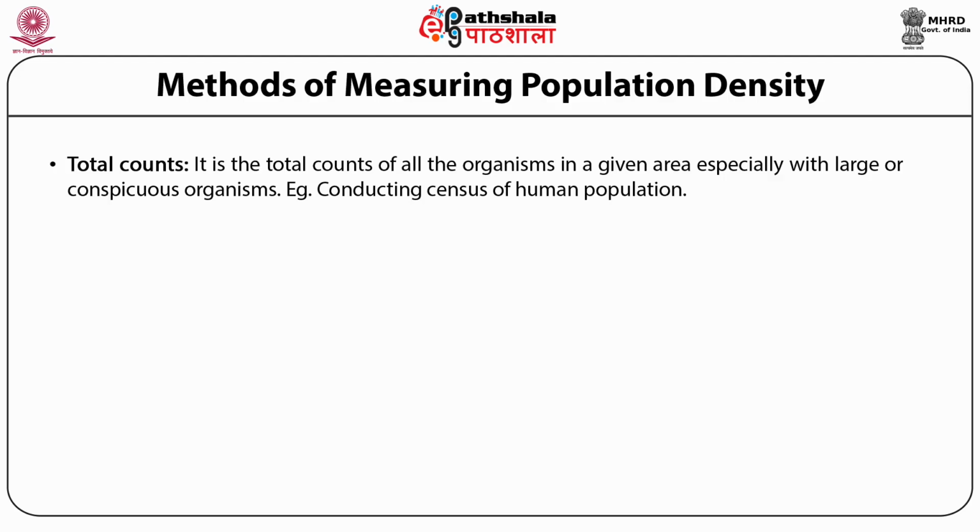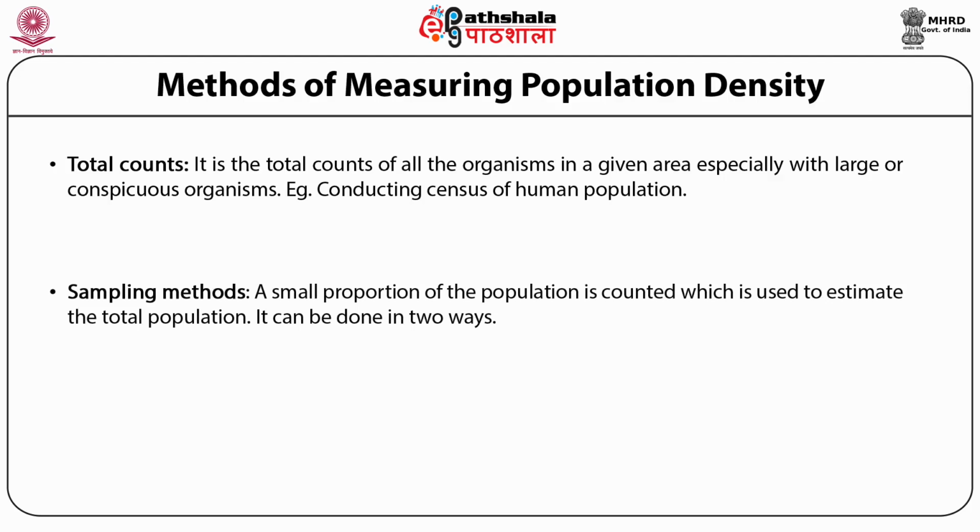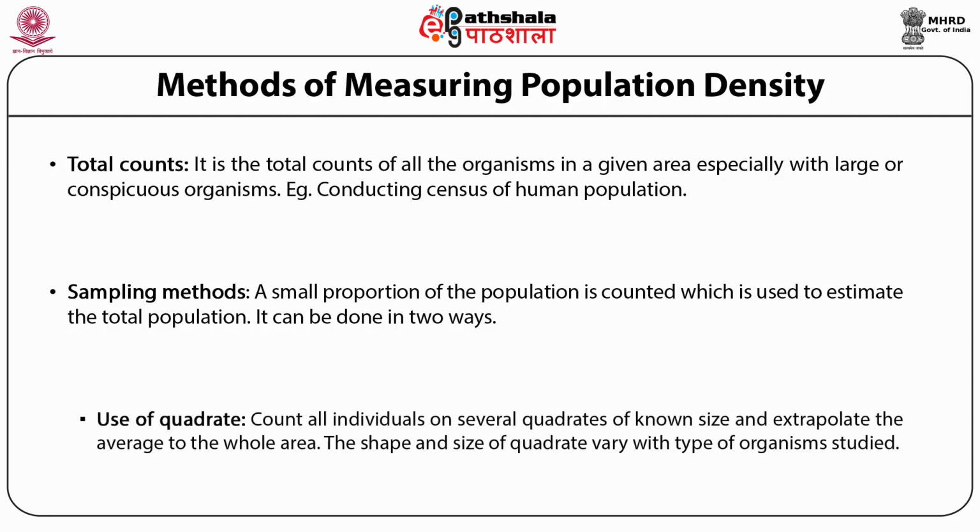Second method is sampling methods. In this method, a small proportion of the population is counted, which is used to estimate the total population. Sampling can be done in two ways. The first is use of quadrate.